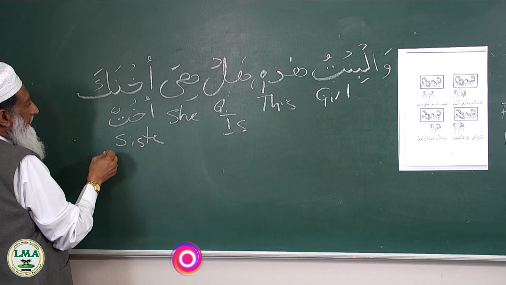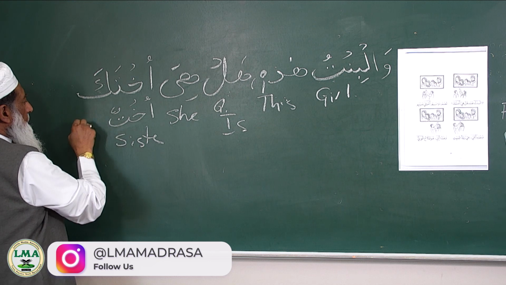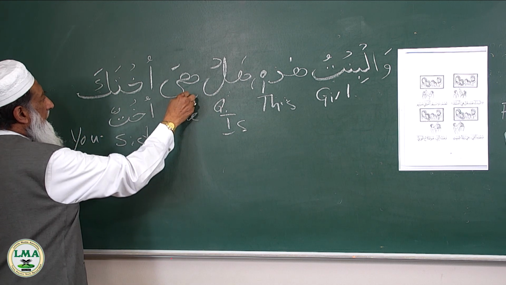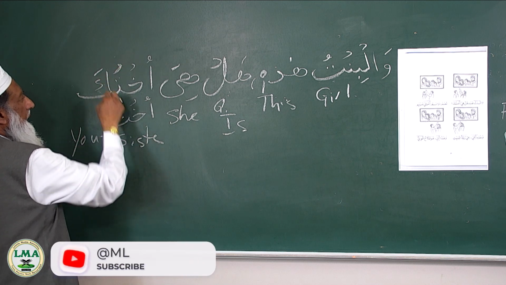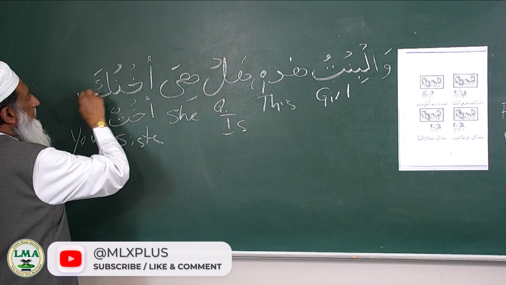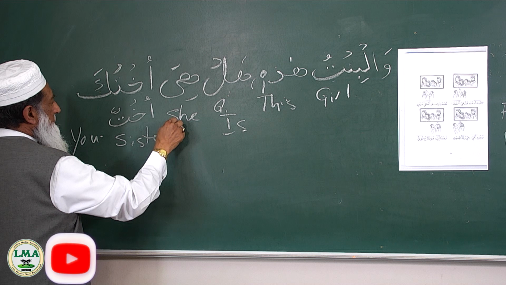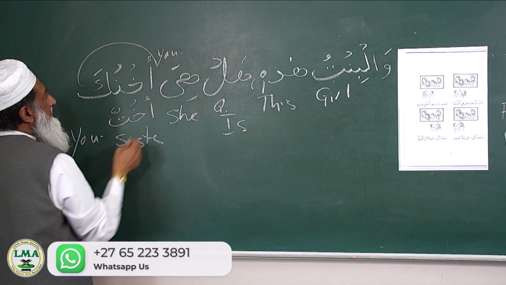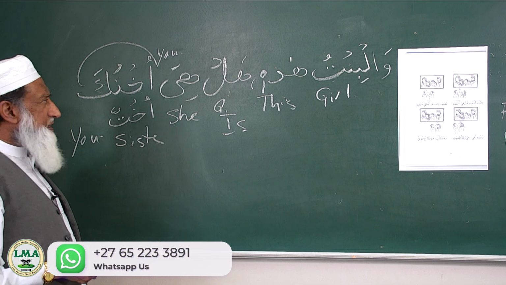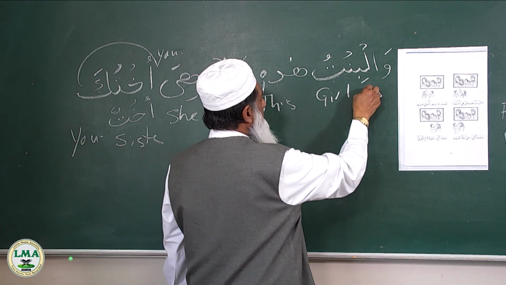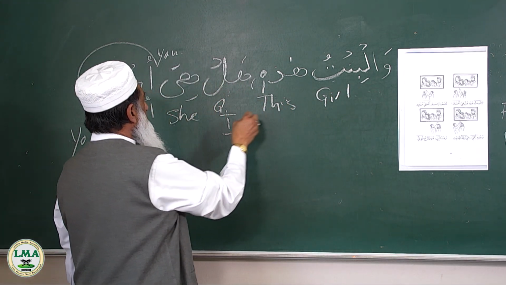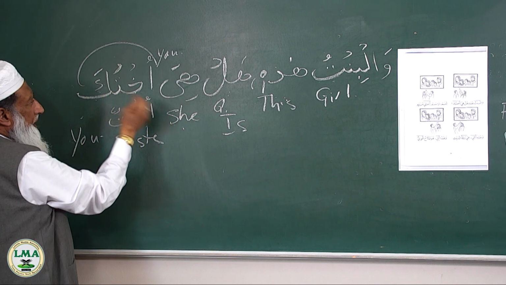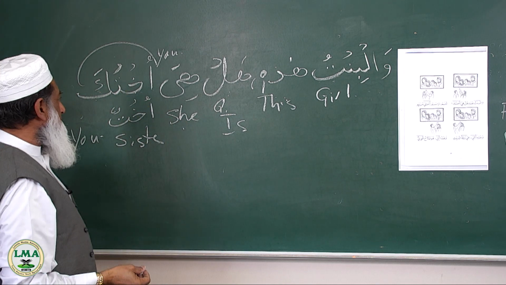And ka, which we did in the last lessons, means your. So hal hiya ukhtuka. Is she your sister? Bintu hadihi, and this girl, is she your sister? We have to reverse it around because of the genitive case.